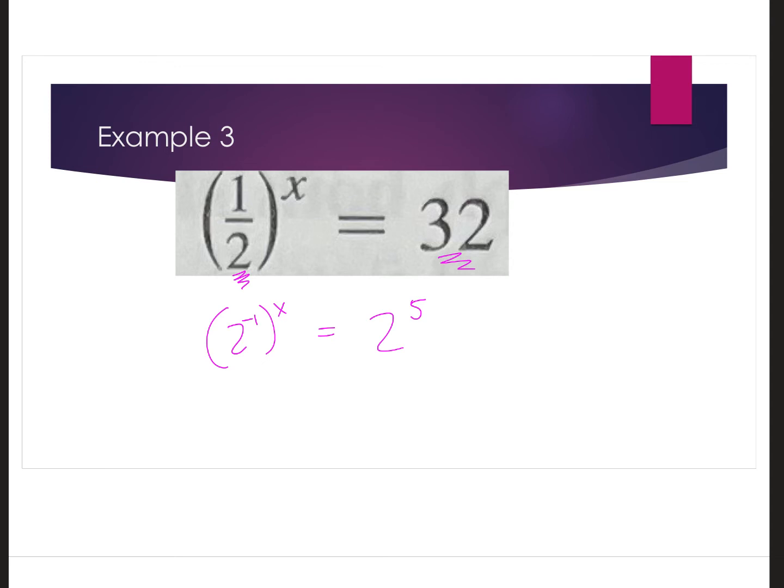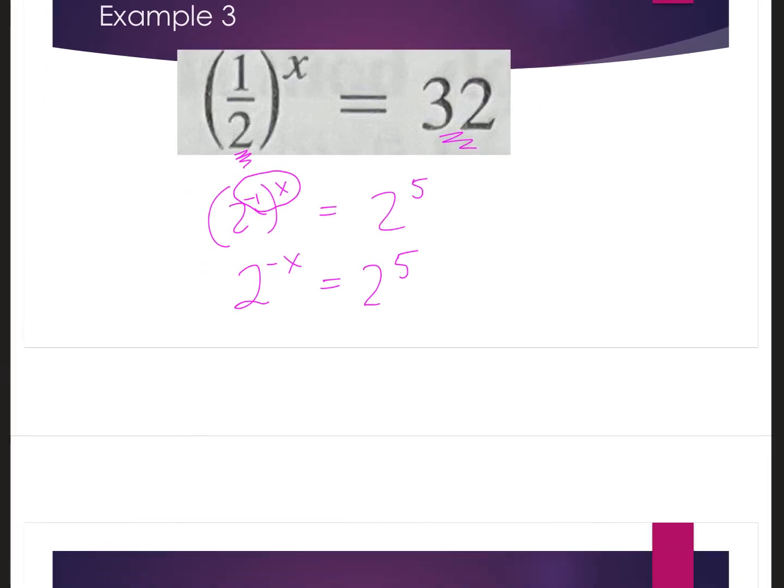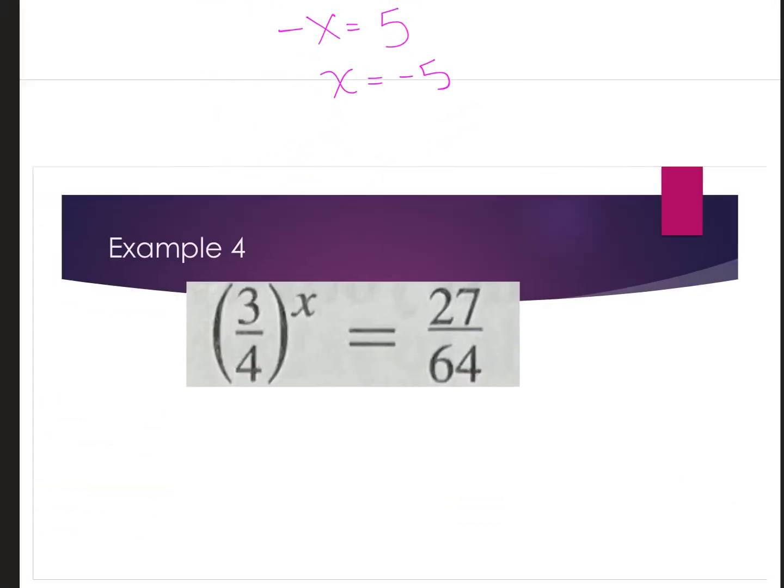Now if you remember the rules, raising an exponent to another exponent, you multiply those exponents together. And then just like on the previous 2 examples, if the bases are equal, then those exponents have to be equal. And you can solve that equation very easily. X should equal negative 5.